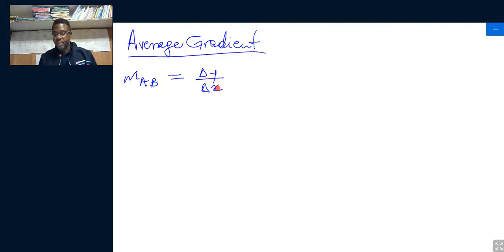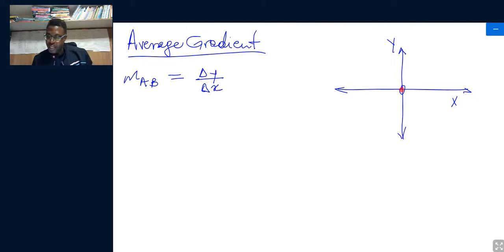I like this, you will see why. It will come back. We are still going to use this formulation. We all know that the horizontal is the x-axis and the vertical is the y-axis. The point of origin at the intersection is 0. And let us assume we have a line.